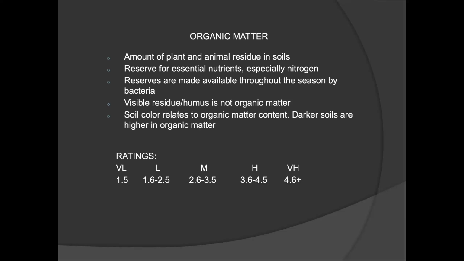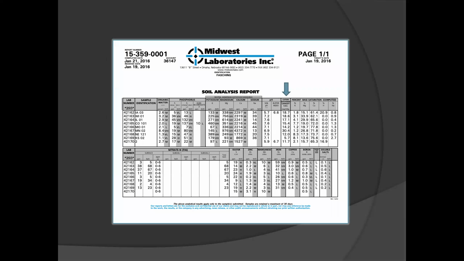I already talked about reserved essential nutrients in the organic matter. Also, if you have a higher organic matter, usually your soils are darker and better colors, so it looks like it's improving the soil quality. So those are things that are important there.